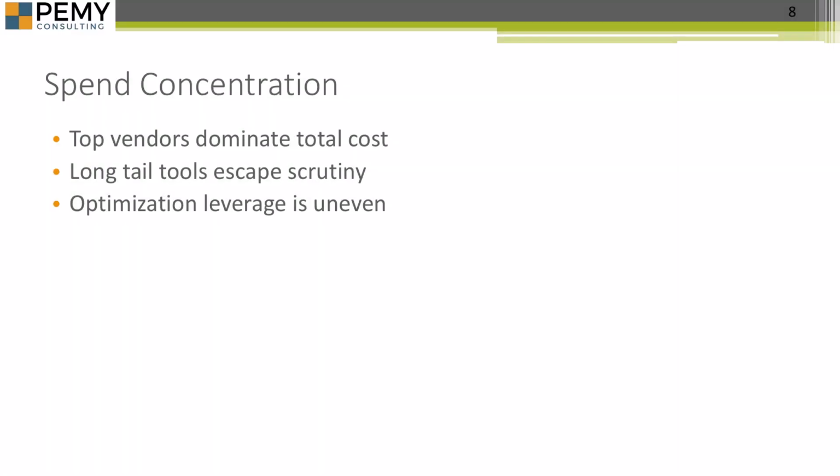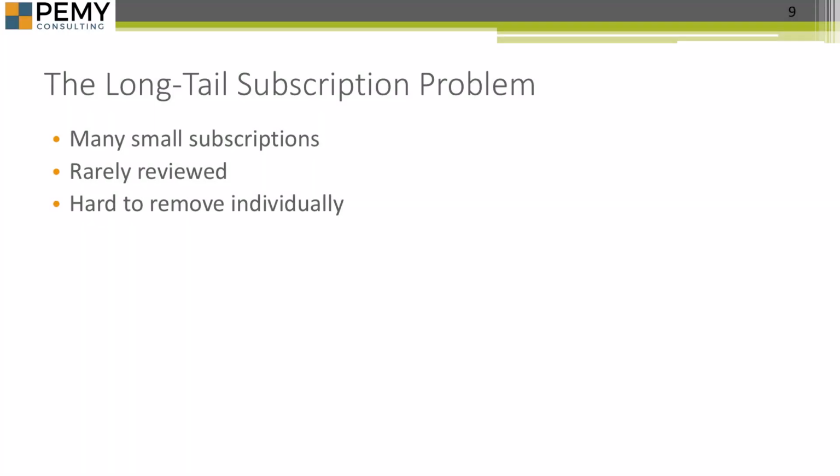Although there may be many subscriptions, spending is usually concentrated among a small number of vendors. This concentration is important because it tells us where optimization efforts will have the greatest impact, while the long tail explains why costs never seem to go away. The long tail consists of many small subscriptions that are rarely reviewed and hard to justify individually removing.